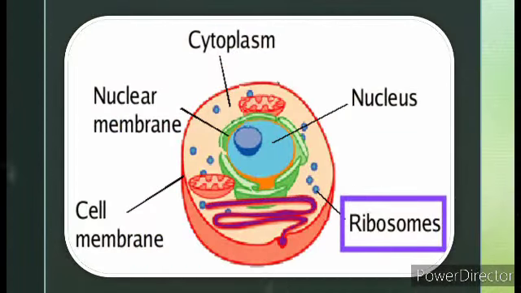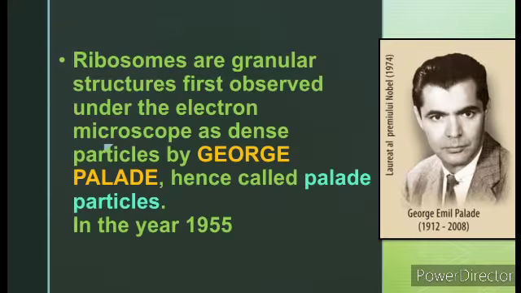Ribosome is a structure found inside the cell that is involved in making the proteins. They are the granular structures first observed under the electron microscope as dense particles by George Palade. Hence, these ribosomes are also known as Palade particles.